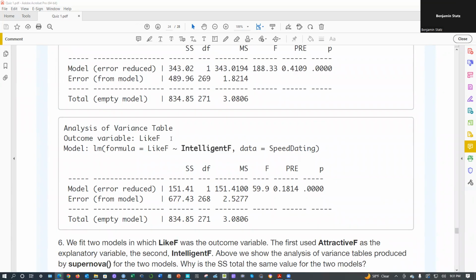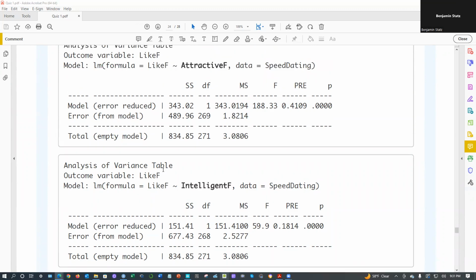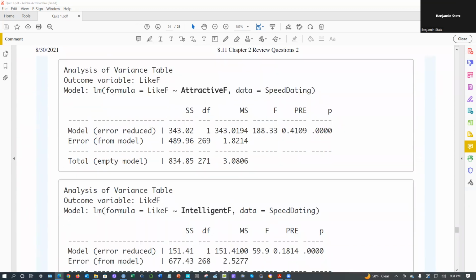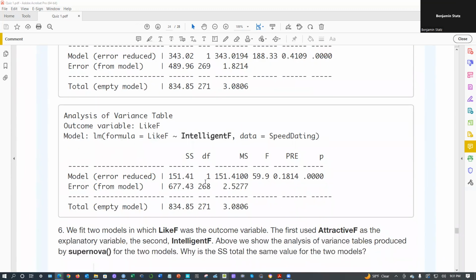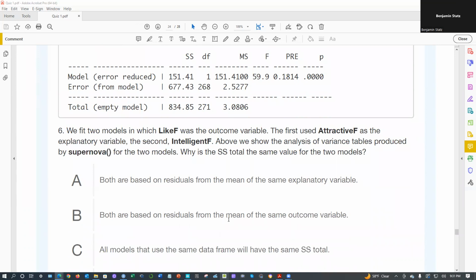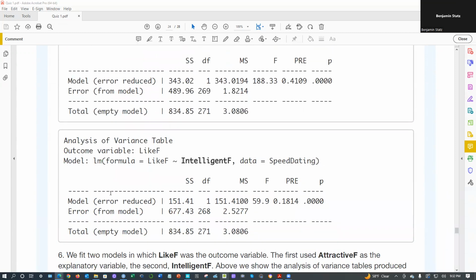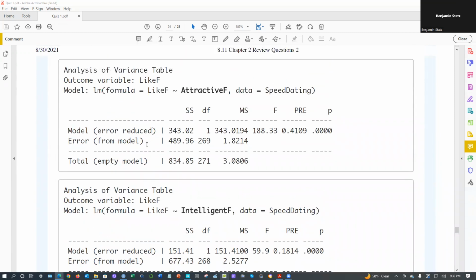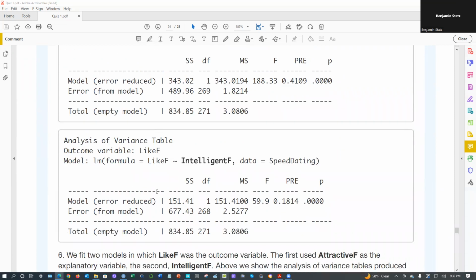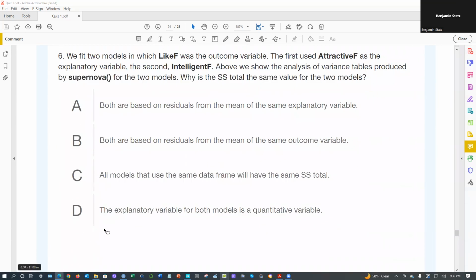You are using the same Y variable, like F. Both are based on residuals from the mean of the same outcome variable, same Y. We had a similar question earlier too. Okay.